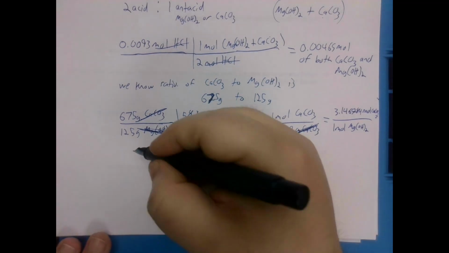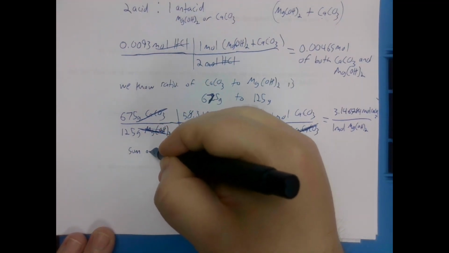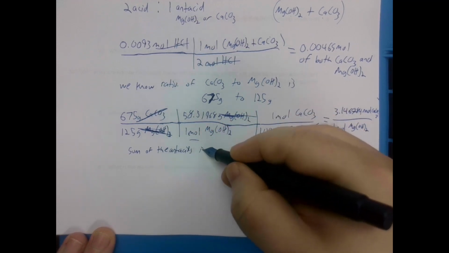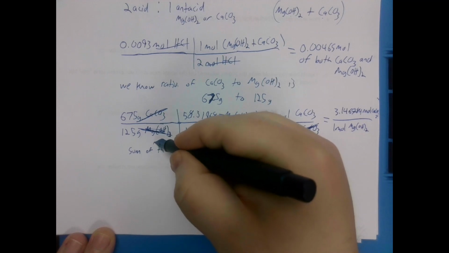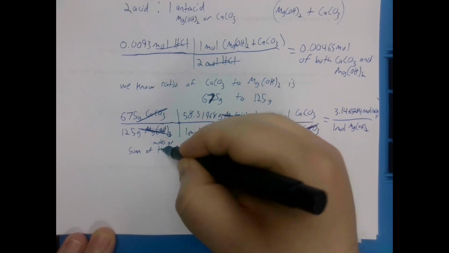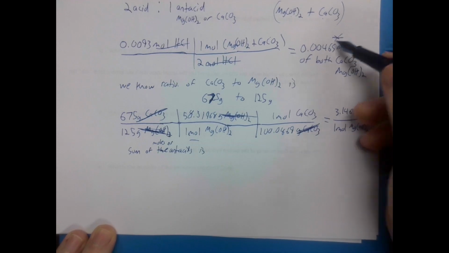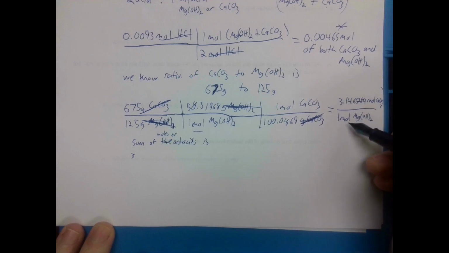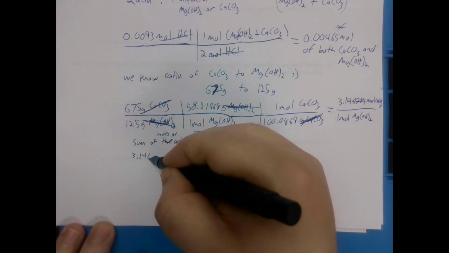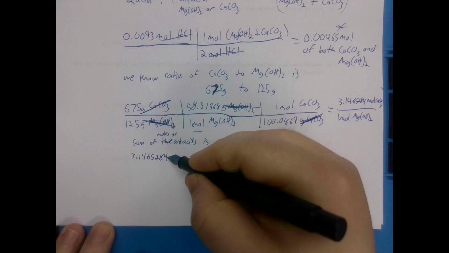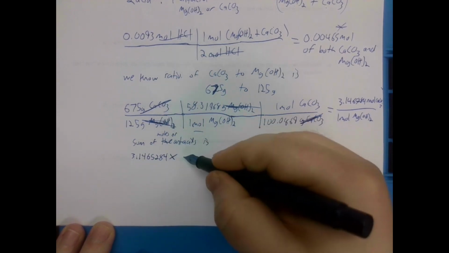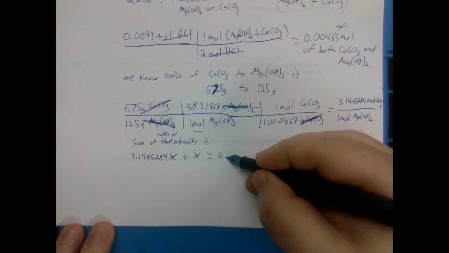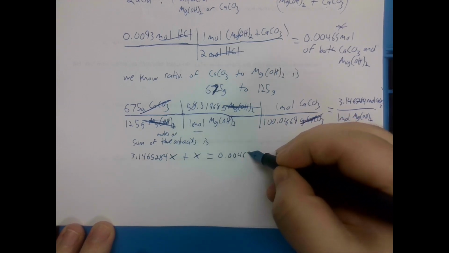So I know also that the sum of the antacids, the sum of moles of antacids, is equal to this number right here. So that means I have a ratio of this to that. So I have 3.1465284 times some X amount plus X moles of this, and that is equal to 0.00465 moles.